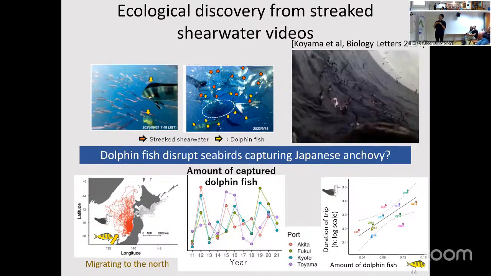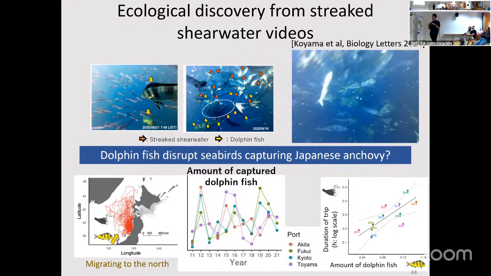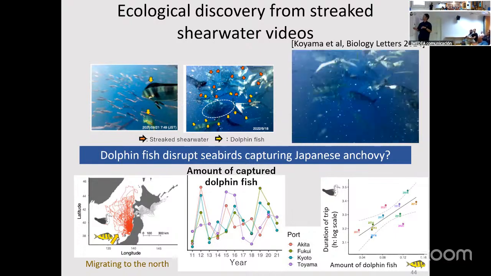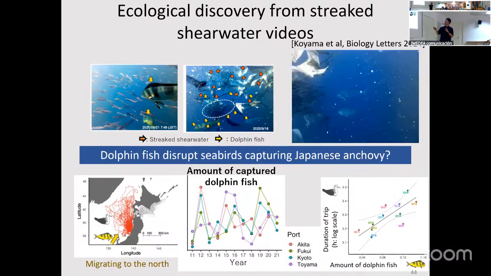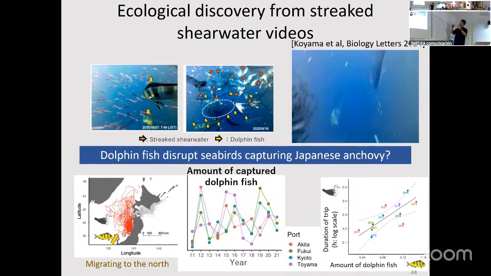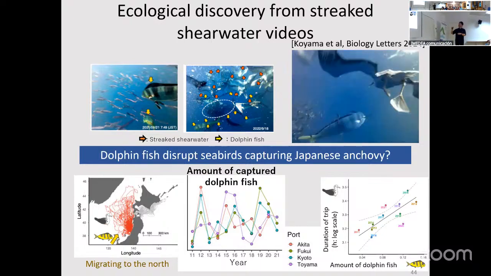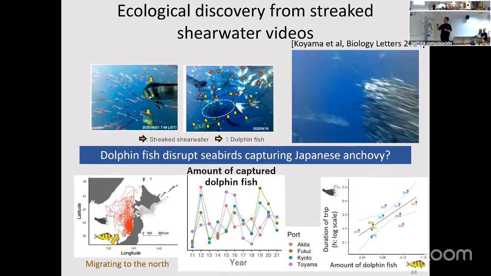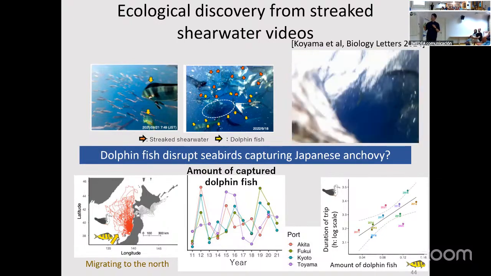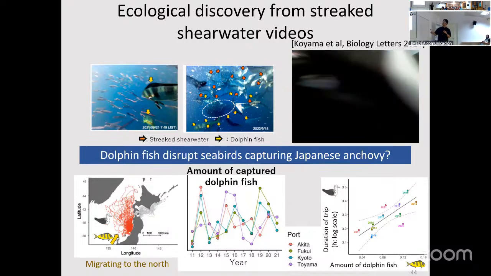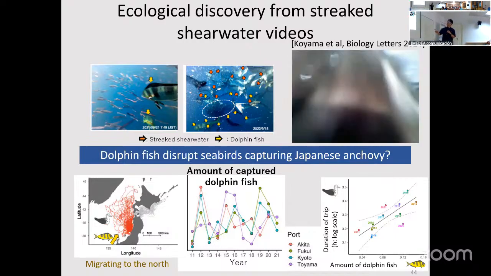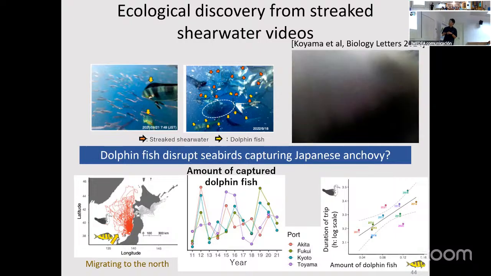Originally, Japanese anchovies lived in the south part of Japan. But because of global warming, they are migrating to the north.